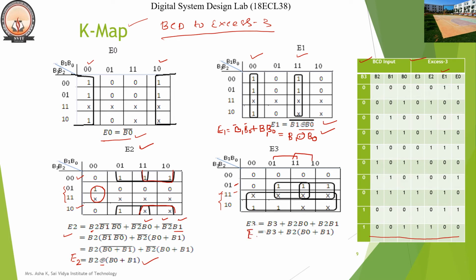Finally, the XS3 bit E3 is equal to B3 OR operation with B2 AND operation with B0 OR operation with B1.